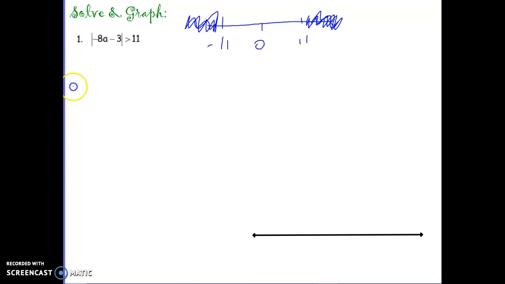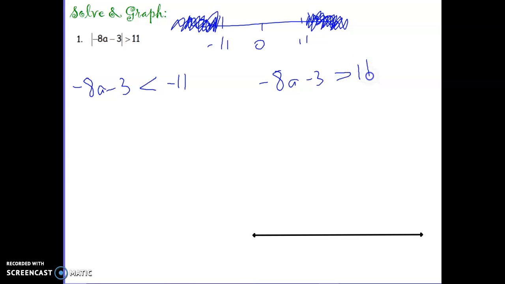I'm saying that the quantity negative 8a minus 3, if it's going to be over here in this area, it is going to be less than negative 11, or the quantity negative 8a minus 3, if it's in this area, it's going to be greater than 11. So notice what happens over here.